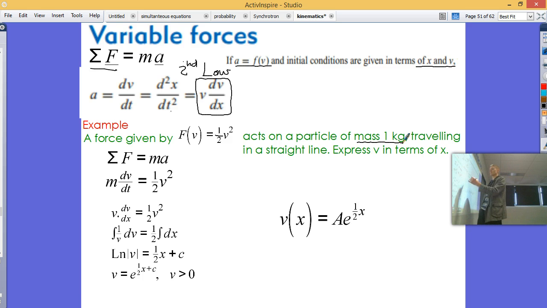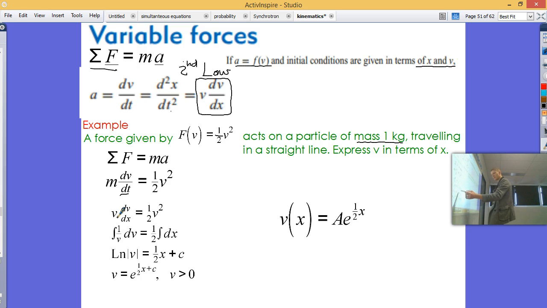First express it as F equals mass times acceleration. But hang on, we've got time here. We want a different rate of change. We want to express acceleration as v times dv/dx, and we can obtain that using some chain rule relationship. And from there, let's go ahead and integrate both sides.